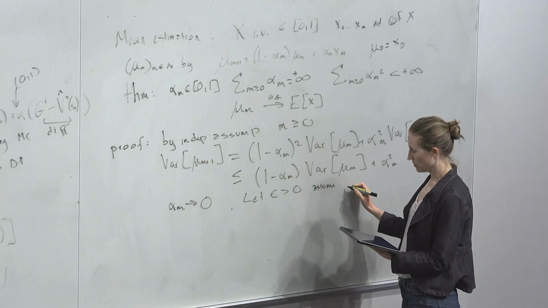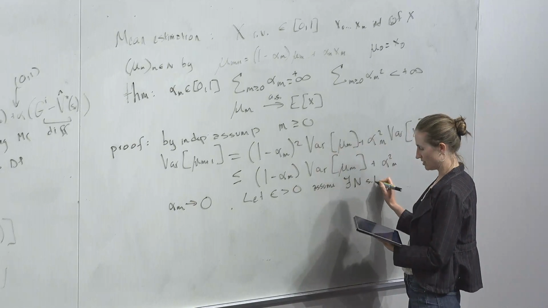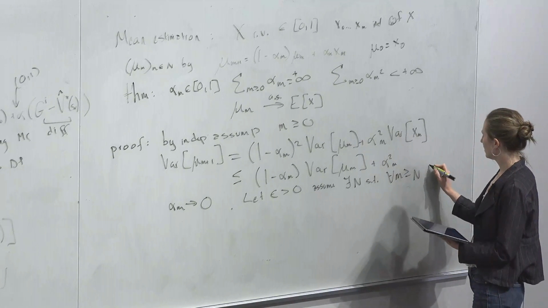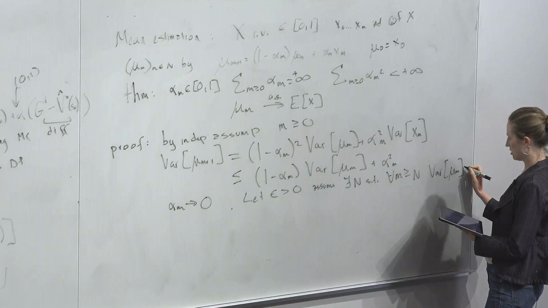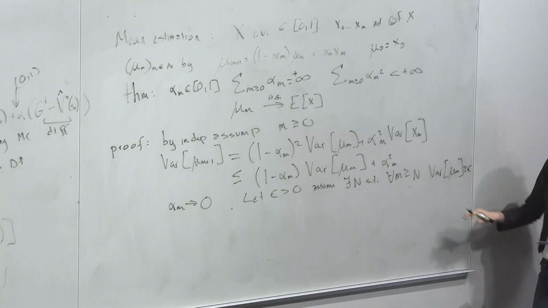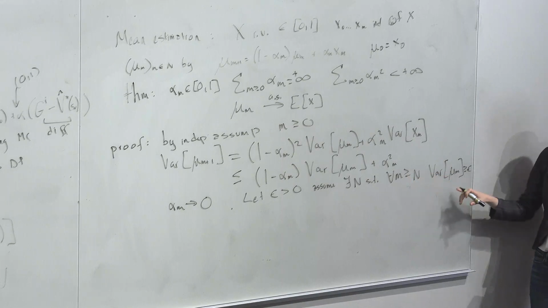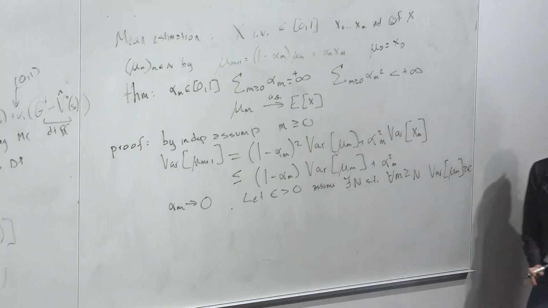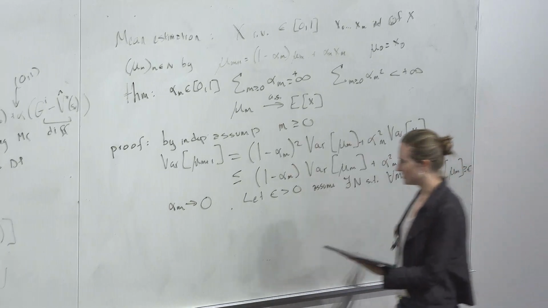We're going to assume that there exists an n such that for all m, so for all future updates after that, the variance of our estimator is large. Okay. So what is this saying? This is saying at some point we're going to reach a point at which our variance is still large and it's not decreasing. Remember, what we want to do is show that this is going to the true estimate.